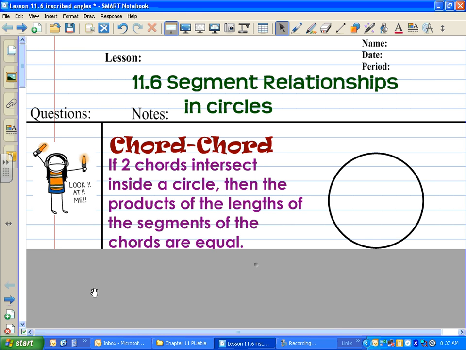All right, so the first theorem is going to be, I just put chord on it. I didn't put theorem or anything else on it, just chord, so you can remember it a little easier. It says if two chords intersect inside a circle, then the product of the lengths of the segments of the chords are equal. That sounds a little bit confusing, but it's fairly simple.